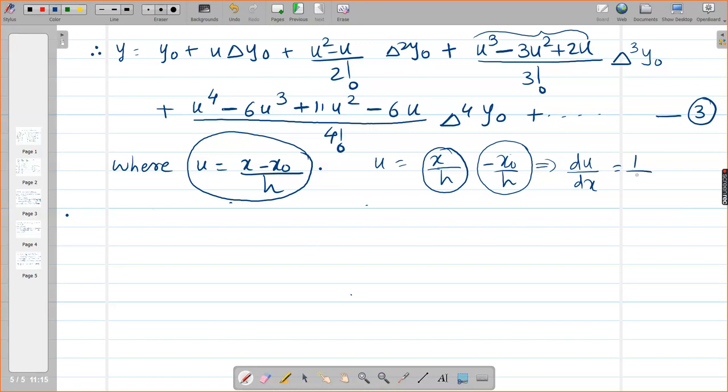So it will be the constant 1 upon h, and into d by dx of x. What is the derivative of x with respect to x? 1. So what is du by dx? 1 upon h. Everyone is following this?